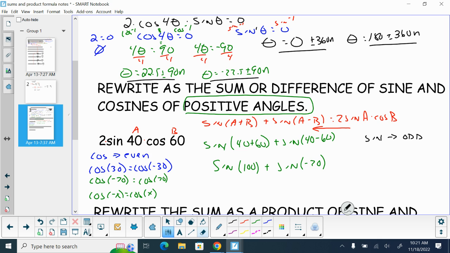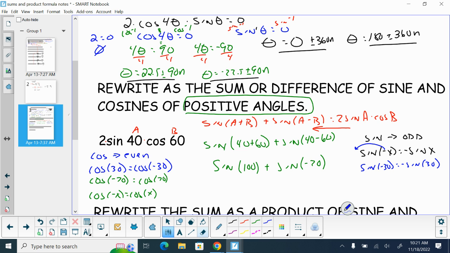What that means for us, if I want to write equalities, the sine of negative x is equal to negative sine of x. So basically this negative sign will get thrown out front. If I have the sine of negative 30, this is equal to negative sine of 30.